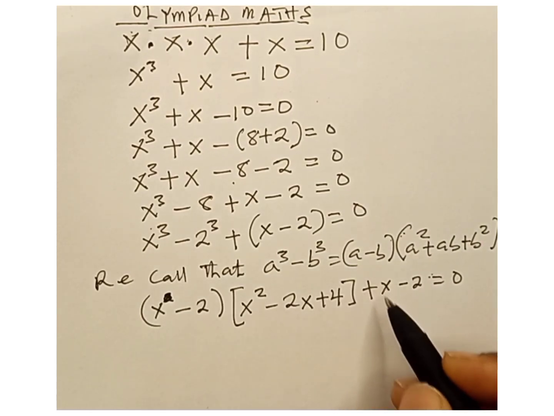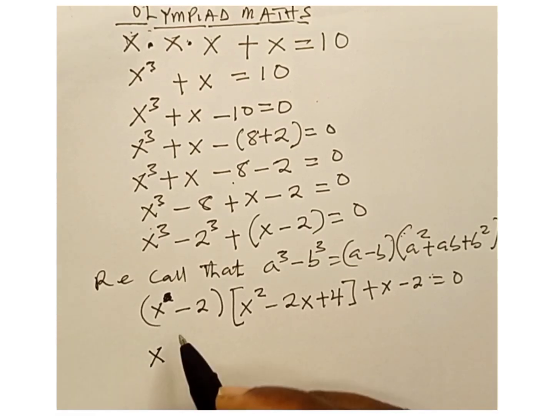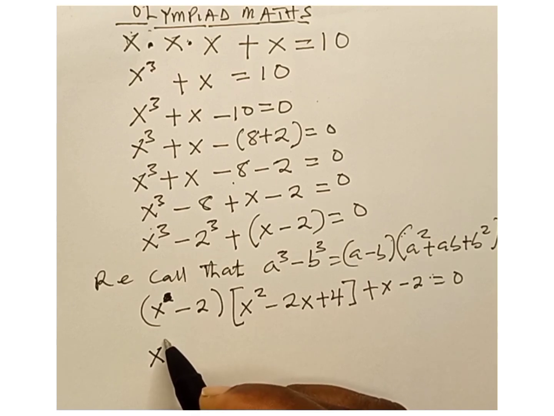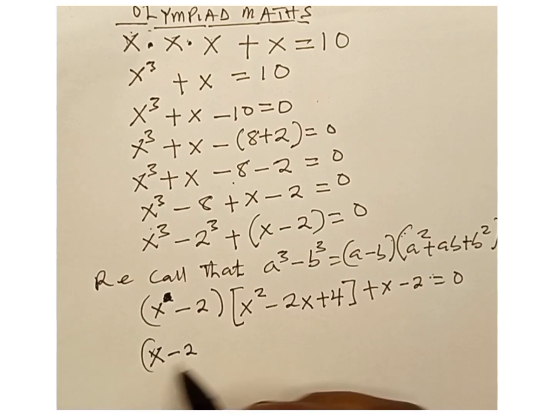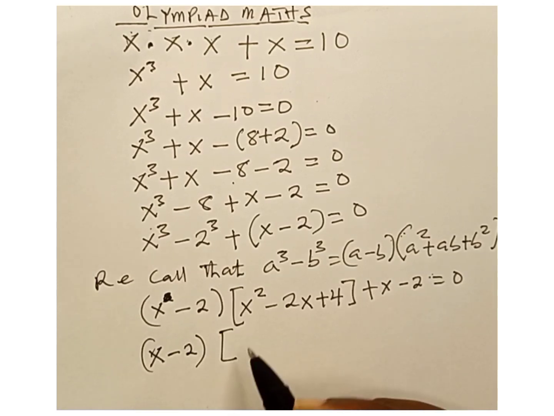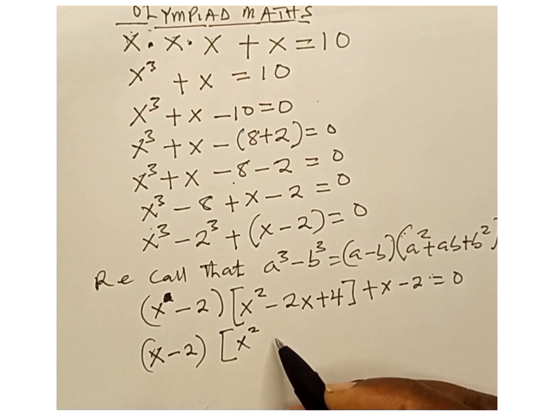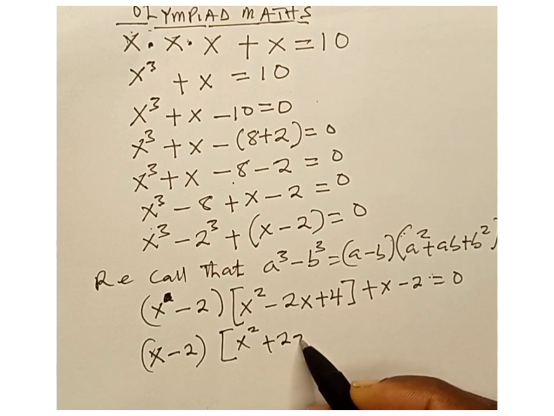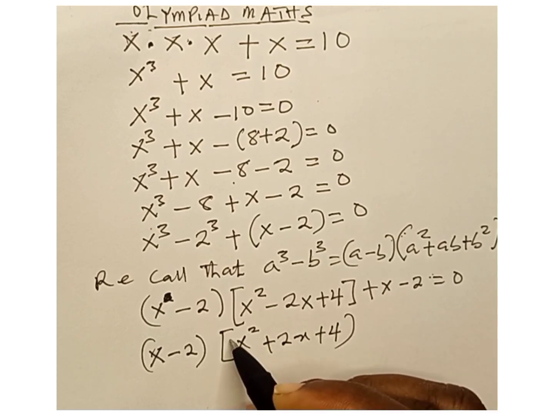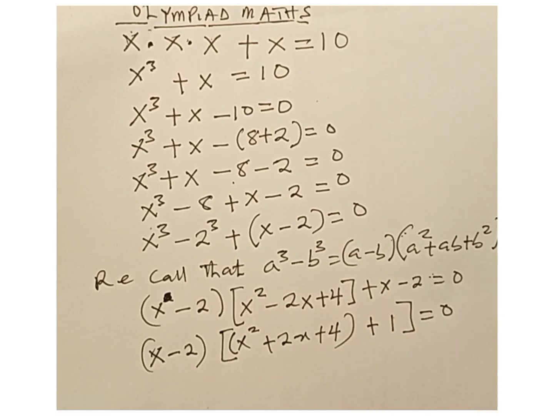So this is common. X minus 2 is common. So we can take it outside and have x minus 2 into a bracket of x square plus 2x plus 4, bracket it, then plus 1, close the bracket and write equals to 0.